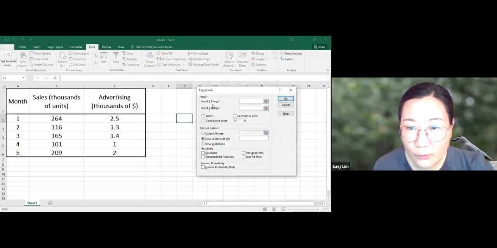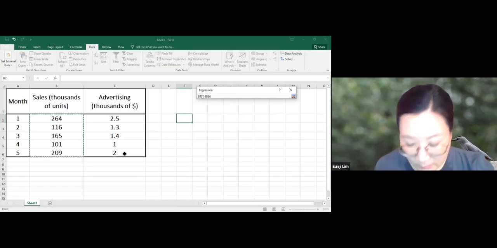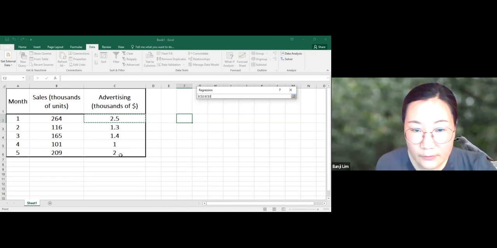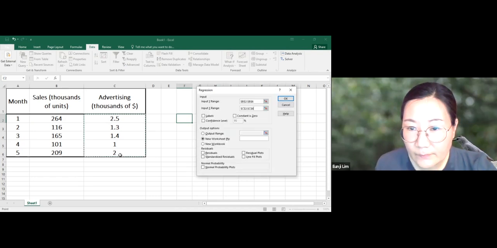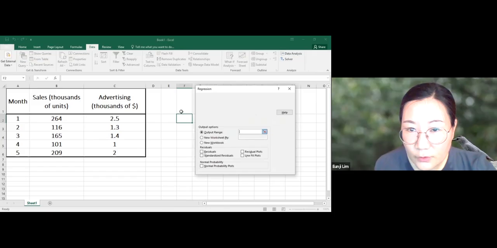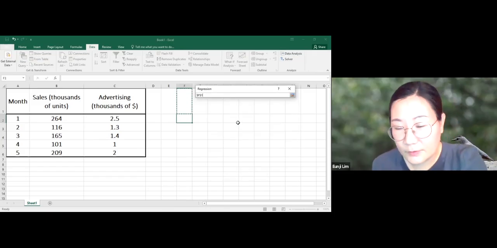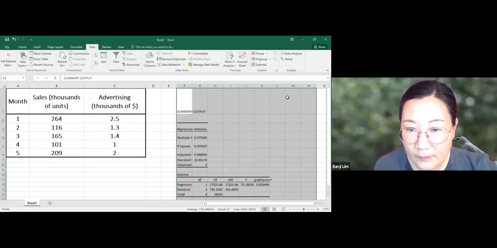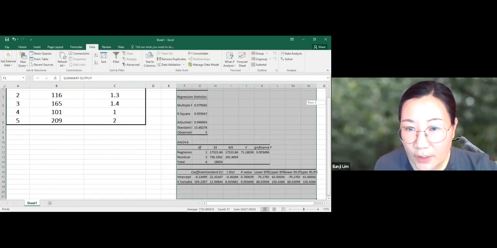It says input Y range. So select the Y values, hit enter. Input X range, select the X values, enter. Output range, where do you want your output report? Just click wherever you want your output to be and click OK.